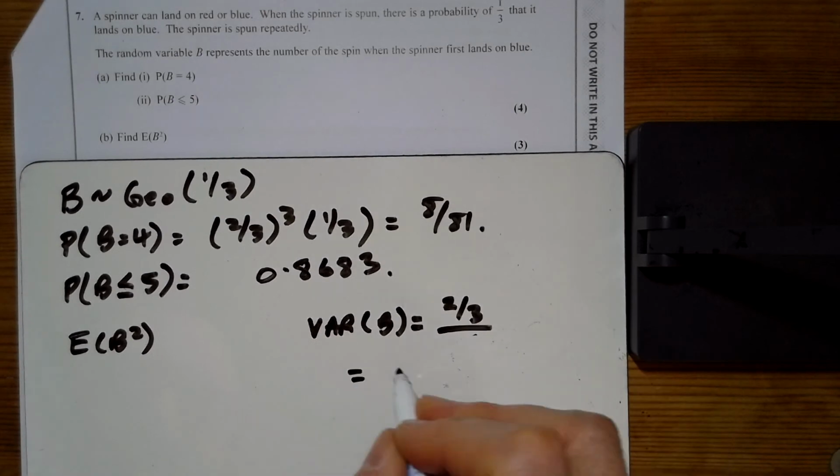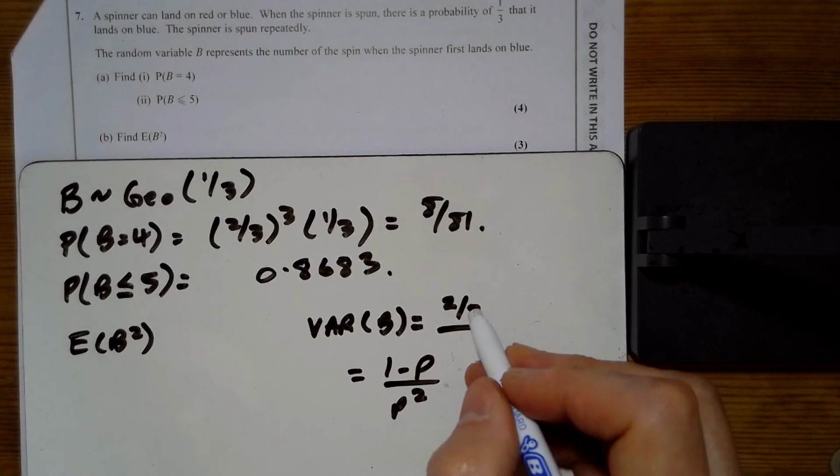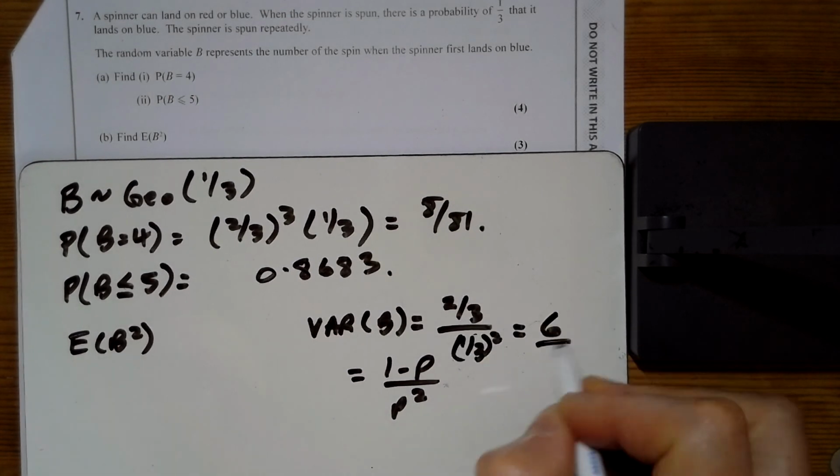The variance formula is 1 minus P over P squared. I said Q there. So 2/3 over 1/3 squared, and that equals 6.